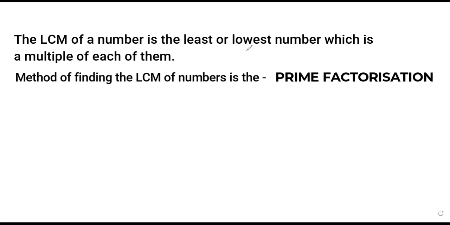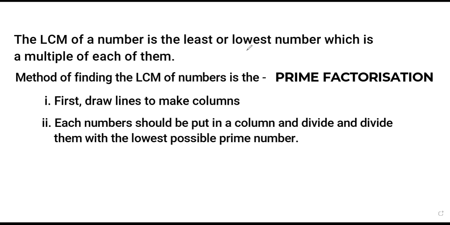Now, how do you go about that? First, draw some vertical lines to make columns. Are you listening? Draw some vertical lines to make columns. Put each number in a column and begin to divide them with the lowest prime number possible.